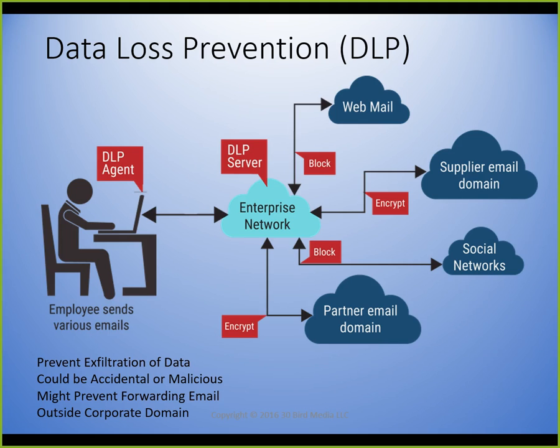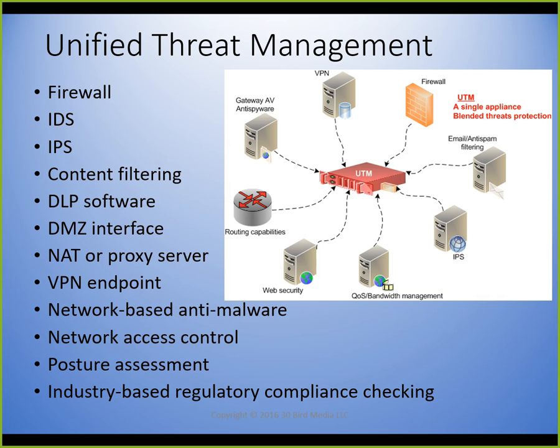So the things that might prevent forwarding email outside the corporate domain may prevent storage of email or permanent storage of email. And I said earlier that there are times when you, as the network administrator, are going to be legally bound to keep emails. The next one is the Unified Threat Management.